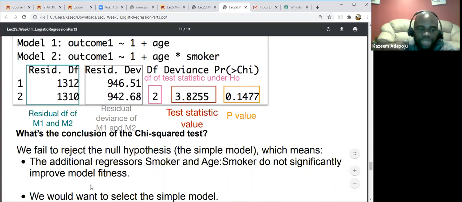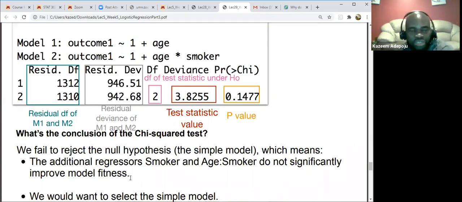And that was why I said we fail to reject the null hypothesis, the simple model, which means the traditional regressors, smoker and age. Smoker does not significantly improve model fitness. And that actually justifies what one of you said the other time about the 91-year-old guy that died. He was a smoker, but the fact remains that it may not be smoking that contributed to his death.